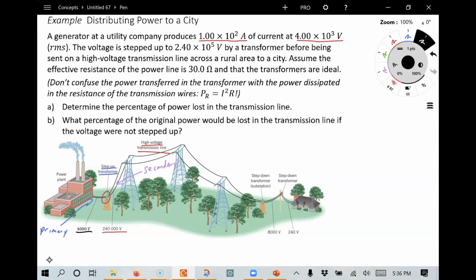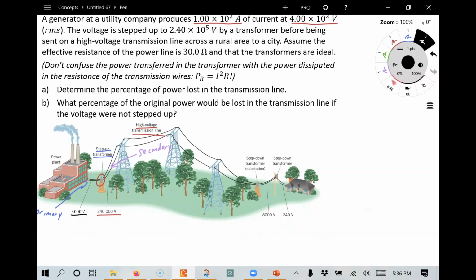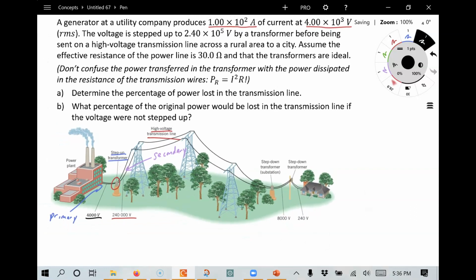Now, we're going to use the equation for a transformer to be able to relate the power, the voltage, and the current in the primary and the secondary of the transformer. So let's go ahead and write down for the primary.